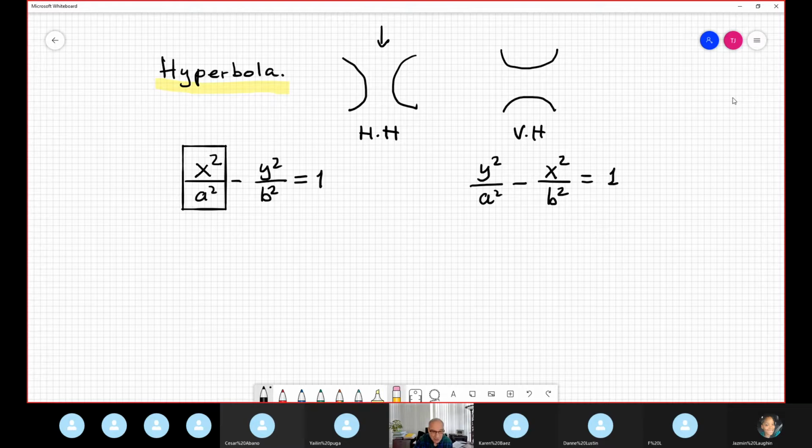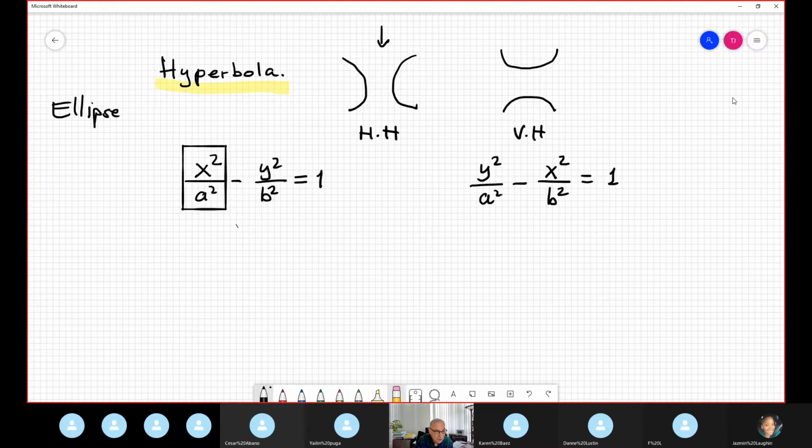So I try to explain one thing that is confusing. At the beginning, when a student learns that part, it is confusing, because the habit that we have is the habit for the ellipse. In the ellipse, we have the same parameters a, b, c. We have c here; we study it in a few seconds.